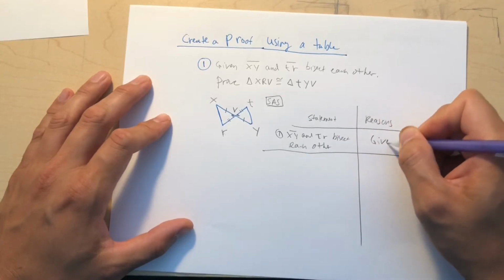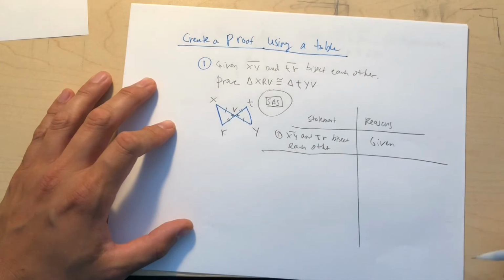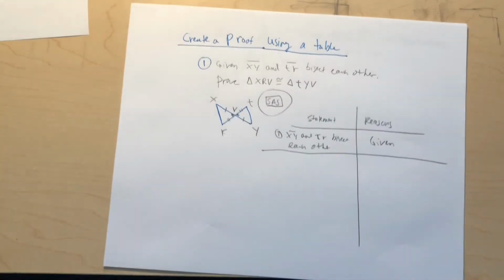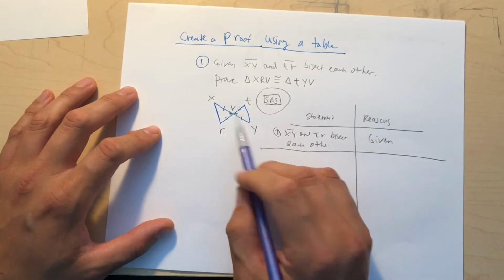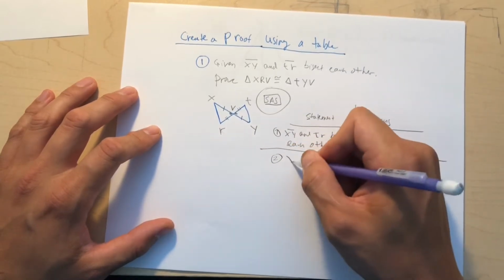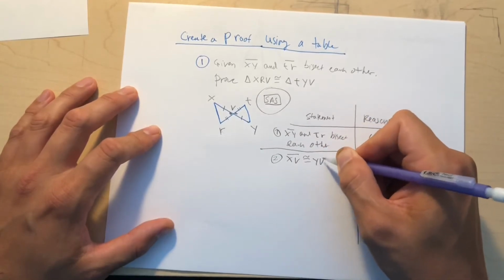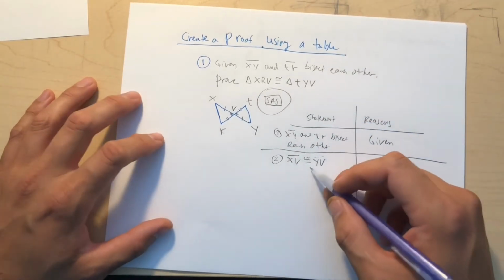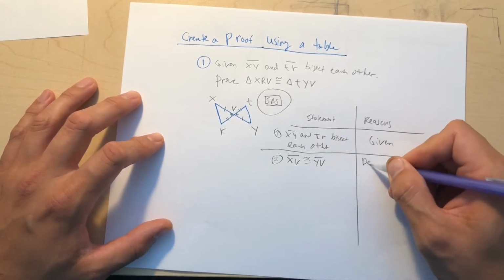Okay, now, by the way, you make sure you want to write down side, angle, side going down this way. So that will lead us to the first side. XV is congruent to YV. So for number two, XV is congruent to YV. We know that's congruent because of this one here, so definition of bisector.